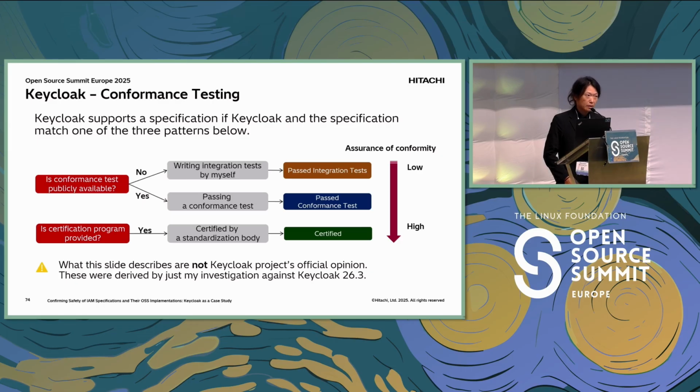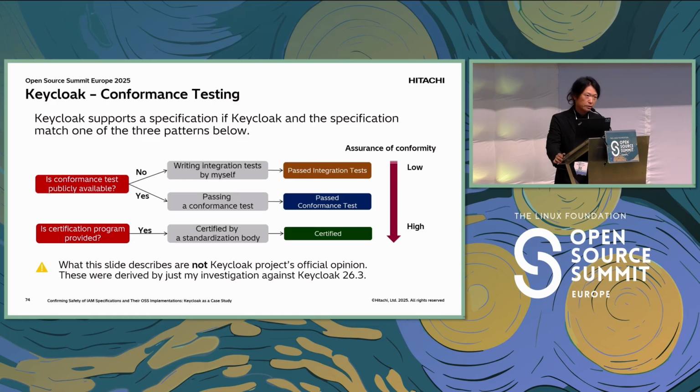And some standardization organizations provide an official certificate program, which certifies that a software product complies with a security specification. For example, the FIDO Alliance and the OpenID Foundation provide this certificate program.